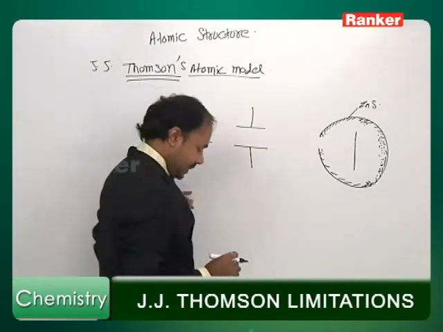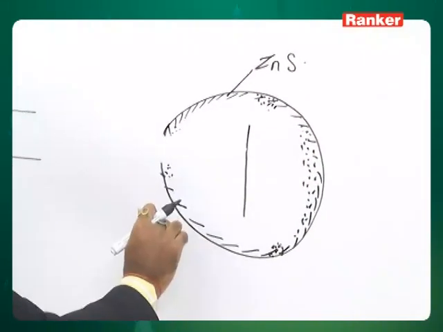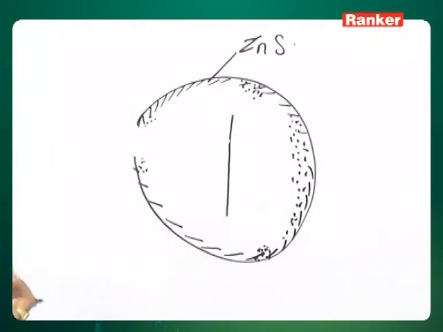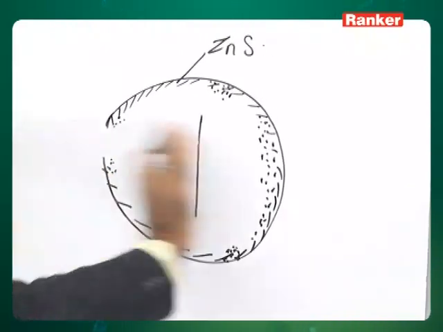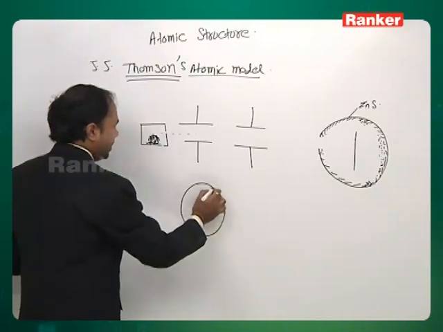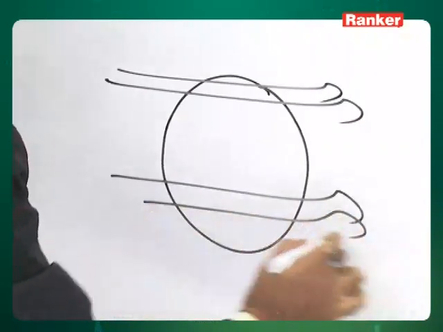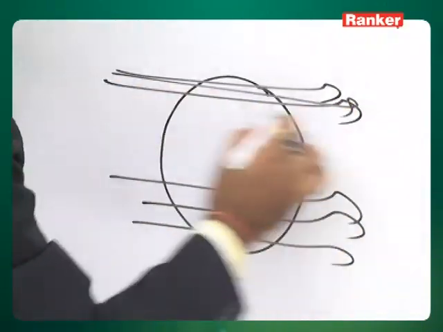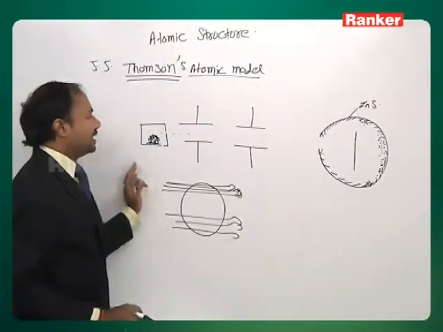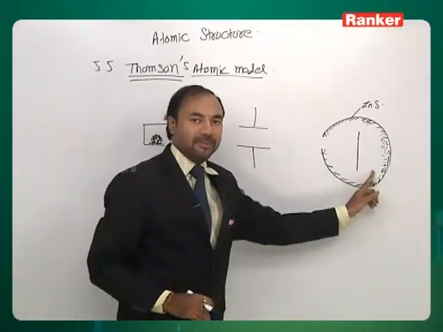Now the results of these observations. Rutherford said that if most of the alpha particles went straight through, it means most of the part of the atom should be vacant. That is how they straight away went to the back and made black spots at the back of the foil.